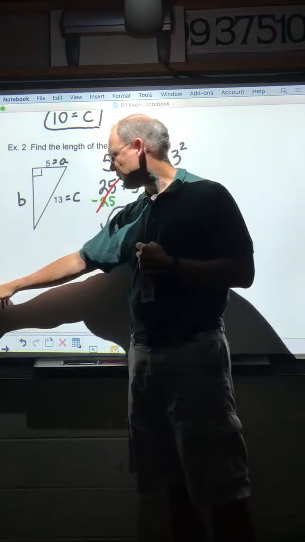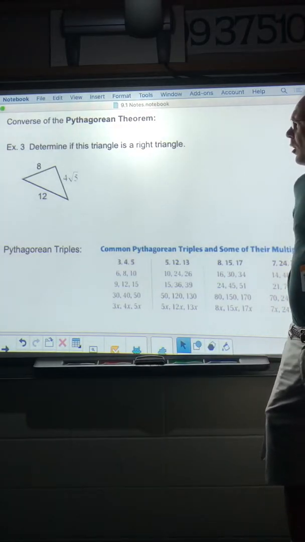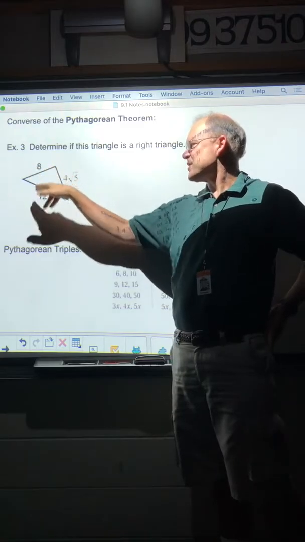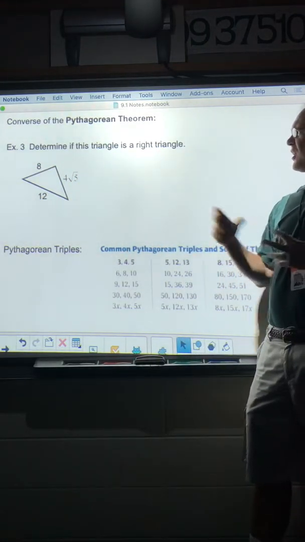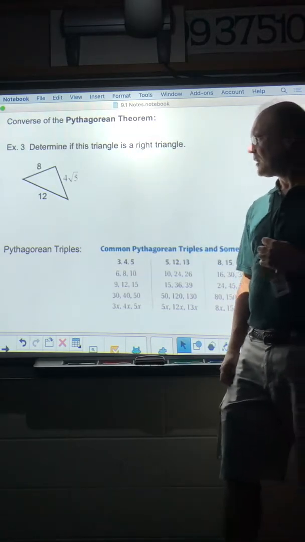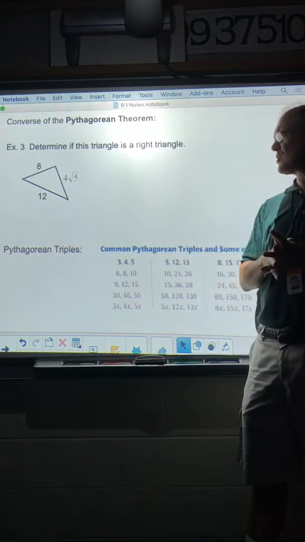Okay, so then let's flip over to the back side. Okay, so here you're given the three sides of a triangle. And the question is, is this a right triangle? So it doesn't have the little box there telling us it's a right triangle.